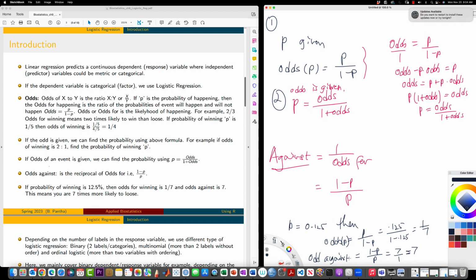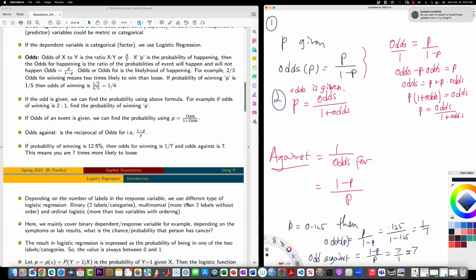So the probability of losing will be 7 times more than the probability of winning. That's what we were talking about at the beginning, like times. If it is given odds for and odds against, then you can describe how many times more the winning chance is than the losing chance.